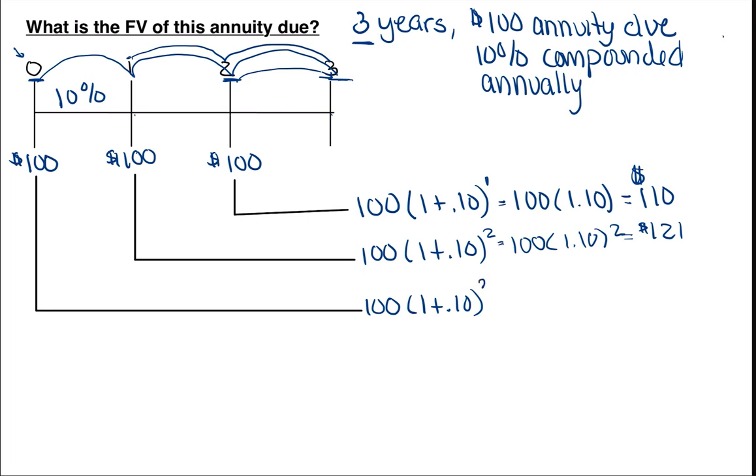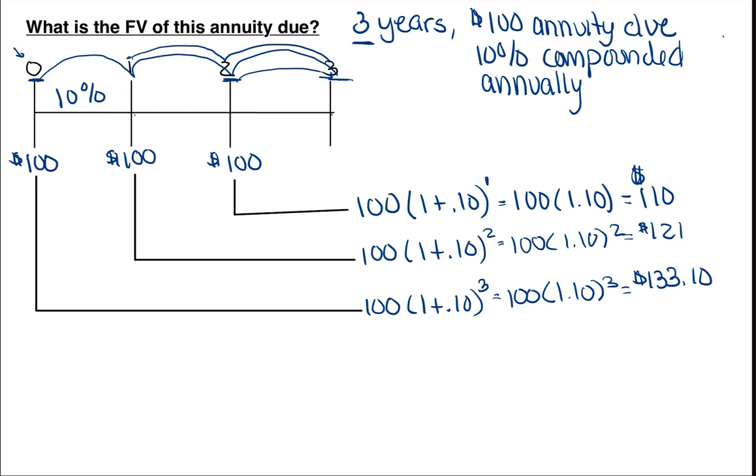So my exponent will be 3. When I do that, I get 133.10.